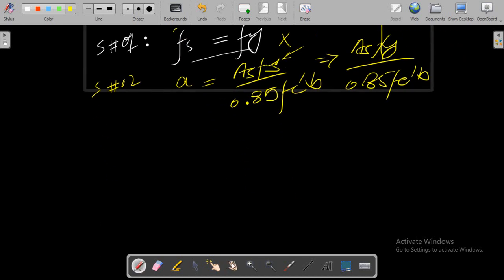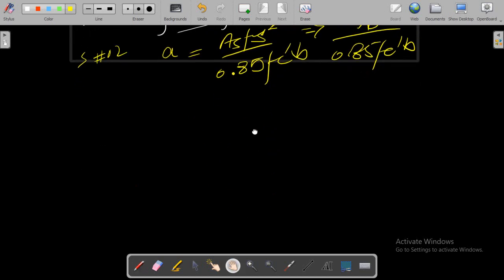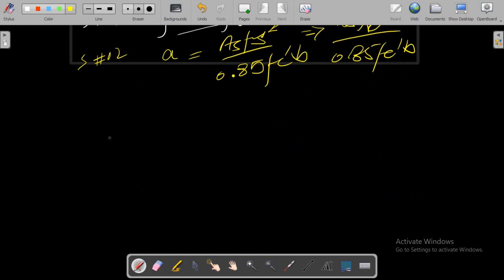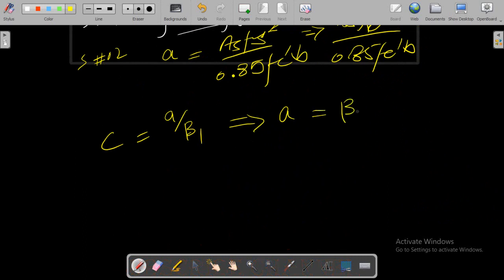Then we find the depth of the neutral axis. This is my neutral axis, and its depth is denoted by c. So c is calculated by a divided by beta 1, because a equals some fractional distance of c, that is beta 1.